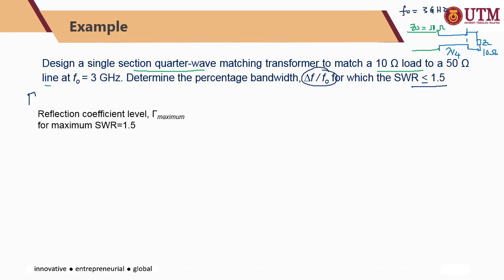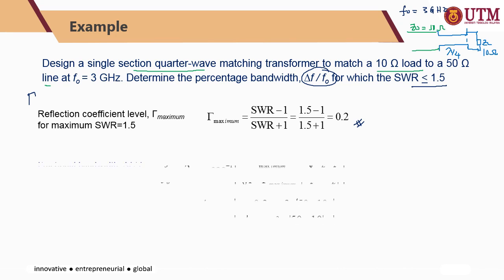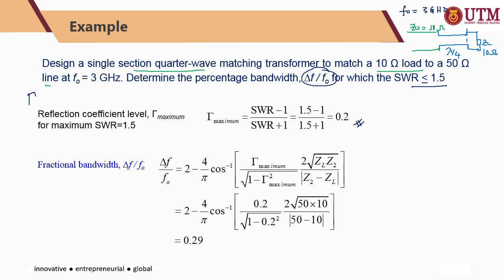So assuming that the system is using the maximum value of SWR 1.5, the maximum reflection coefficient can be calculated by SWR minus 1 divided by SWR plus 1. So the maximum reflection coefficient is 0.2. Then you can use this value to calculate the bandwidth. Fractional bandwidth is given by this equation.